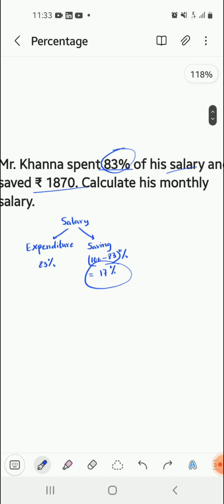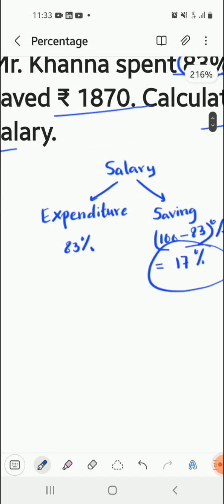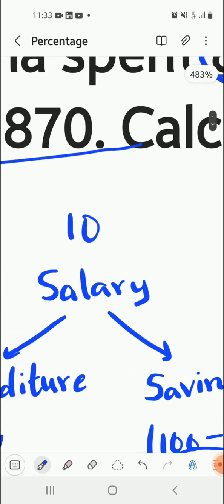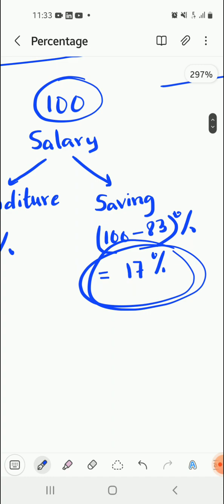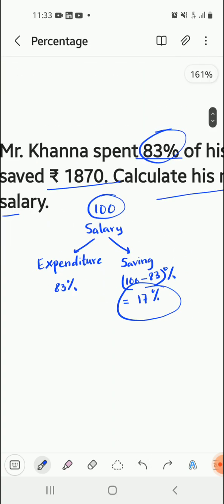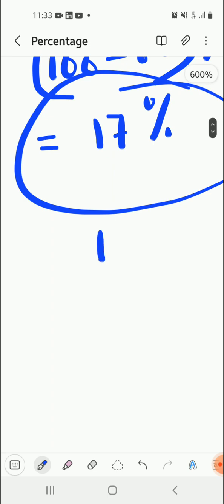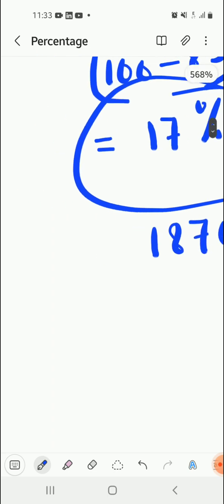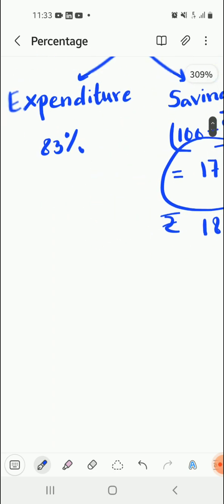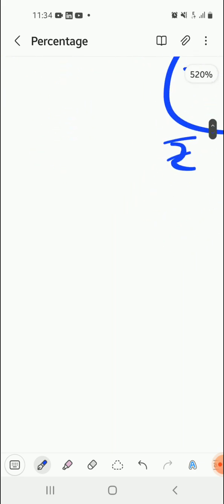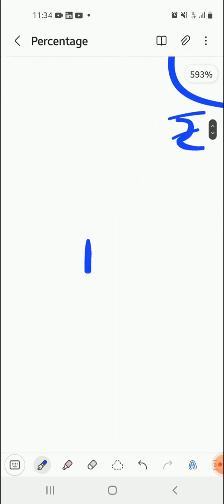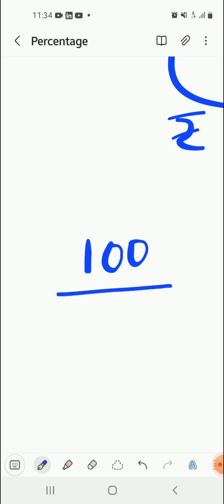Therefore, we are asked to calculate his monthly salary. That means his monthly salary is the total. Total is 100%, out of which 17% is actually 1870. So this is very simple. We want to find out the whole salary, which is 100%.